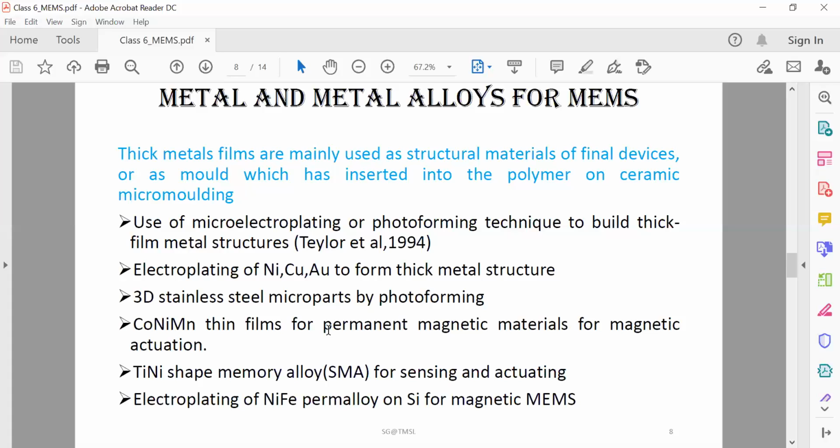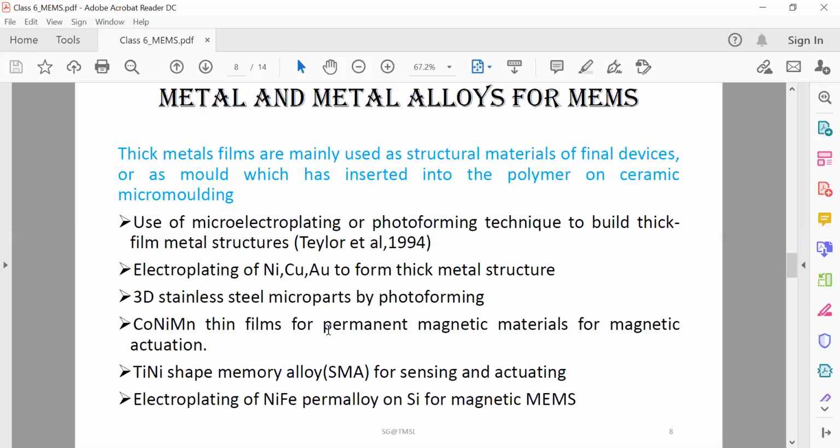Some parts are sensors and some parts are actuators, and various kinds of principles are used for actuation. One such principle is magnetic actuation, and for magnetic actuation you need magnetic material, and one of the important materials is the copper, nickel, manganese alloy.